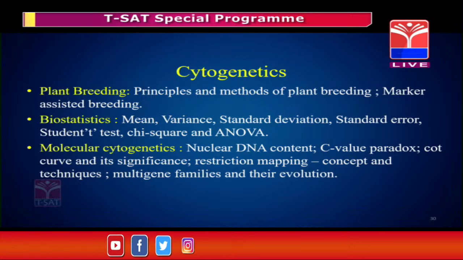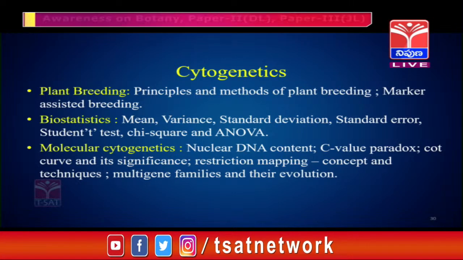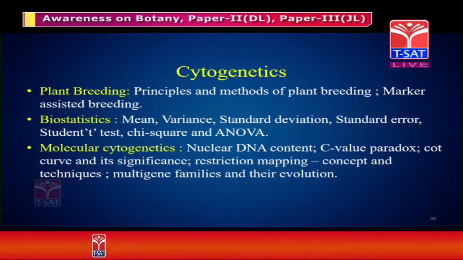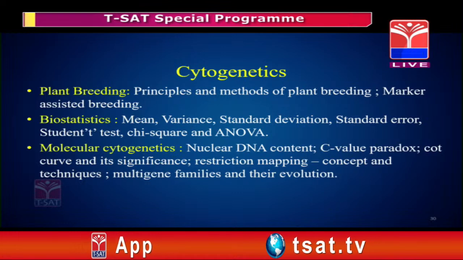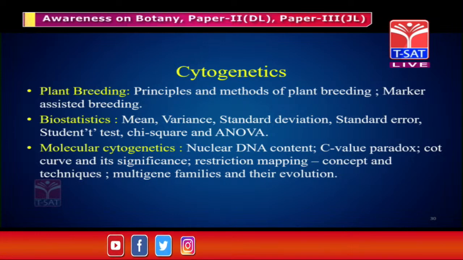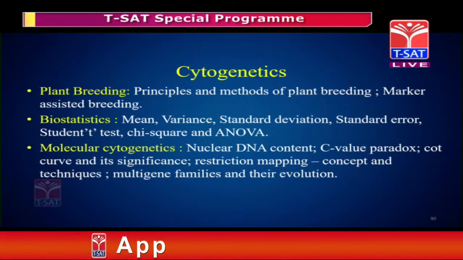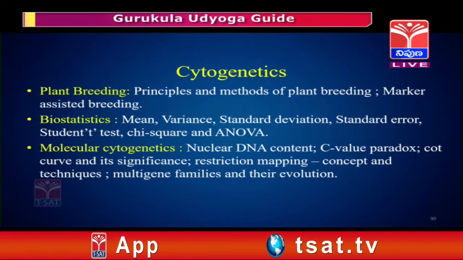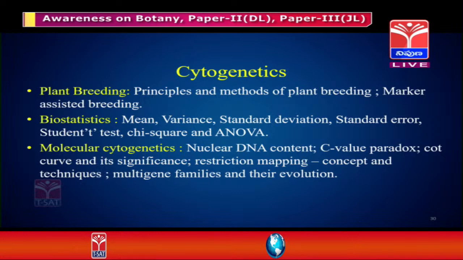So please be prepared for numerical based questions, that is, what is the chi-square test and ANOVA test, standard deviation, what is the content of DNA, C-value paradox, COT curve and its significance. Wherever there is a chance, they might ask you for numerical questions like what are the conditions which are giving rise to particular situations.